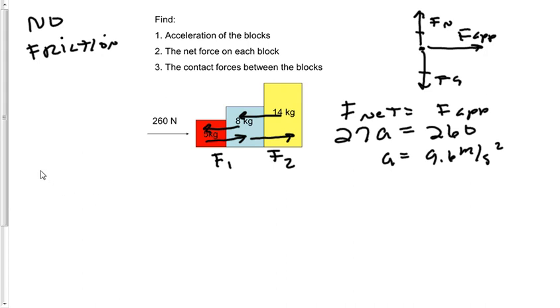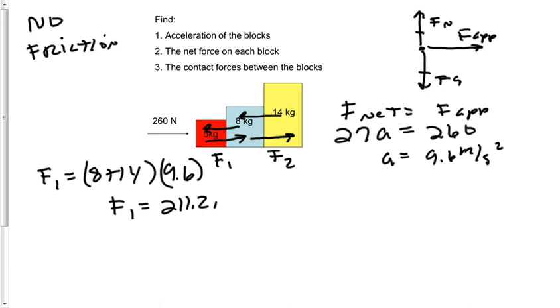So the contact force, force 1, is going to equal 8 plus 14 multiplied by the 9.6. Force 1 then has a value of 211.2 newtons. What about contact force 2? Well, force 2, again, block 8 has to push the 14 kilogram block.